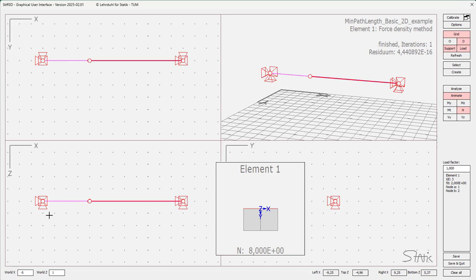As we see immediately, the length must be 4. If we just count here the distances, the grid points, the length is 4, the force density is 2, we have to get 8 for the force, and vice versa for element 2. But always important to realize, the linear force density method is just converging in exactly one iteration. The residuum has reached the numerical 0.